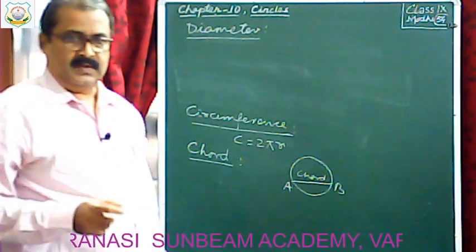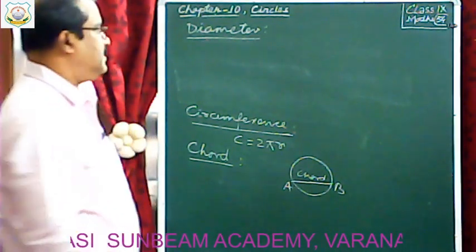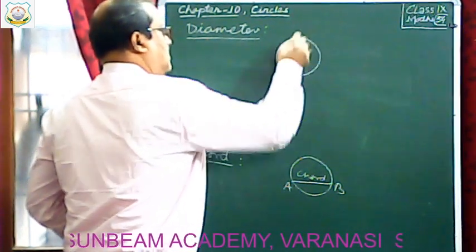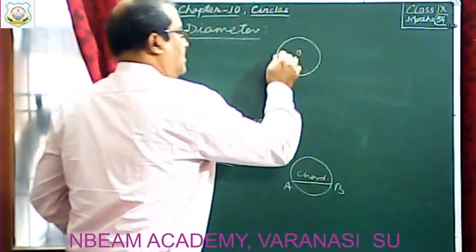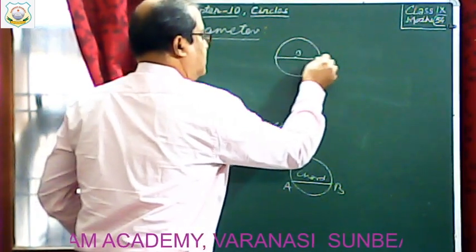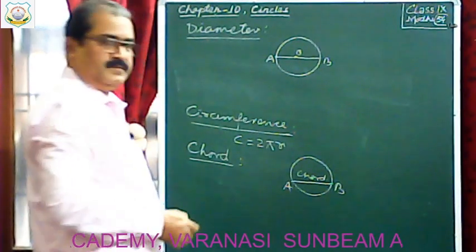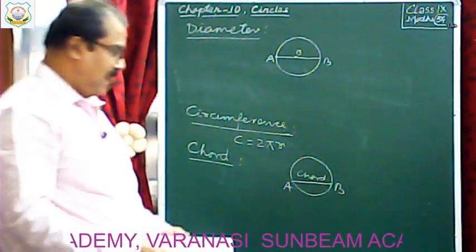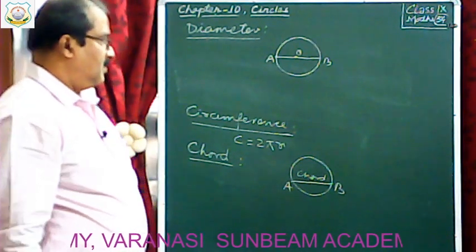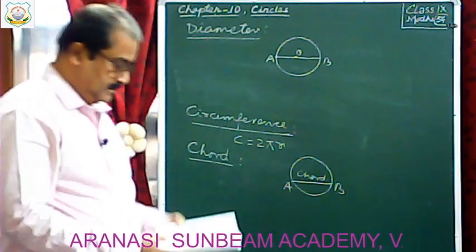If a chord of a circle passes through the center of the circle, it is known as diameter. And diameter is the longest chord. Okay, diameter is the longest chord also. You keep this in your mind.